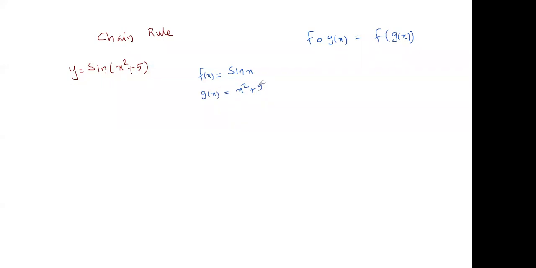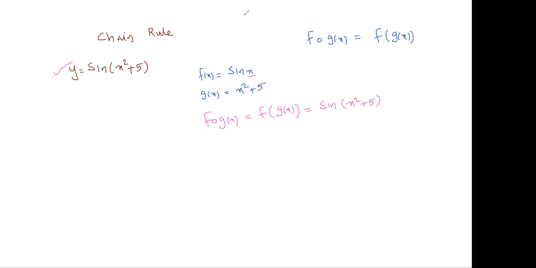If you find f composition g of x, that means f of g of x, in f of x, in the place of x, we have to write g of x, so x square plus 5. So the given function is the composition of two functions, which are sin x and x square plus 5.